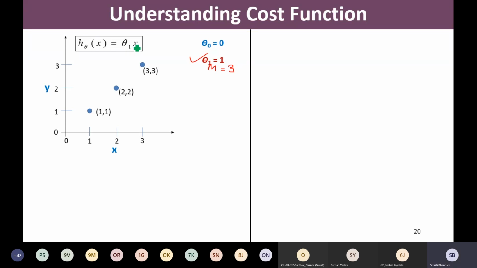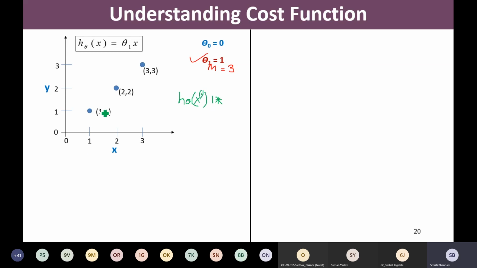If theta 1 is 1, and I am having known values of x, then for every sample, if I substitute the x value over here, it is possible for me to compute my prediction h theta x i for every sample. So my theta 1 is 1, and I compute h theta x1 for the first sample.